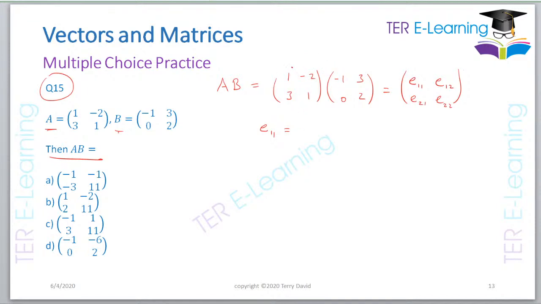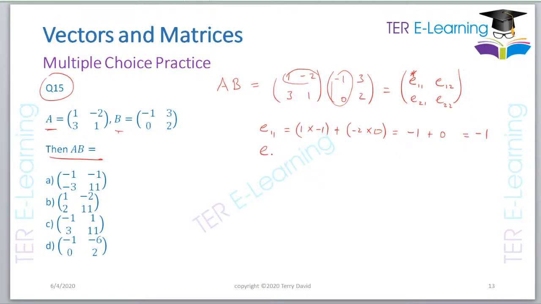So we say 1 by minus 1 plus minus 2 by 0. 1 by minus 1 gives me minus 1, and then minus 2 by 0 gives me 0. So this answer has to be minus 1. So this first element here is minus 1, but I'm doing it in steps so you can see what's happening.